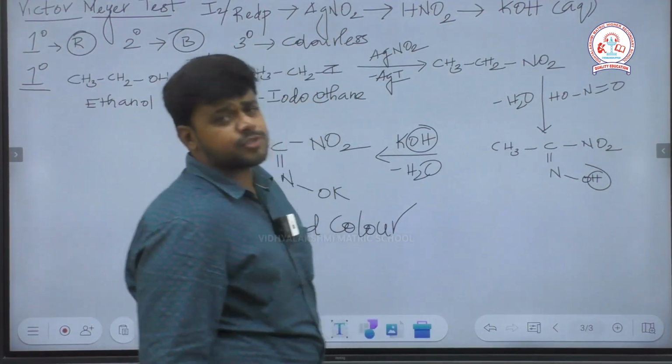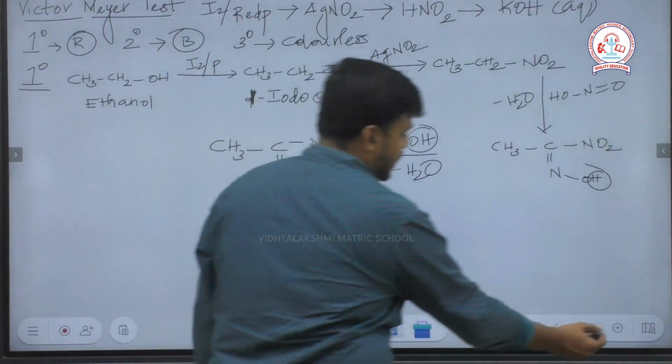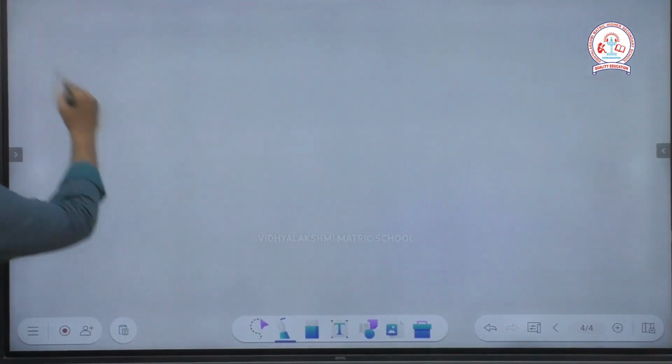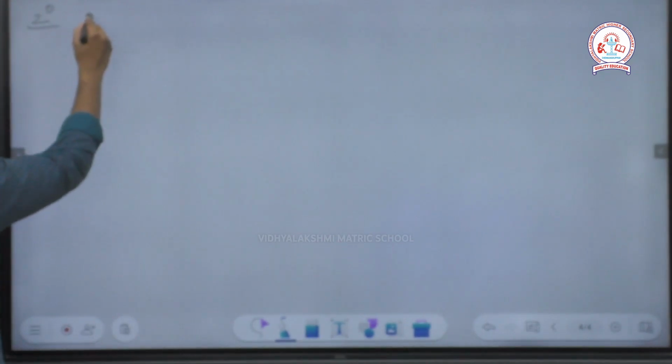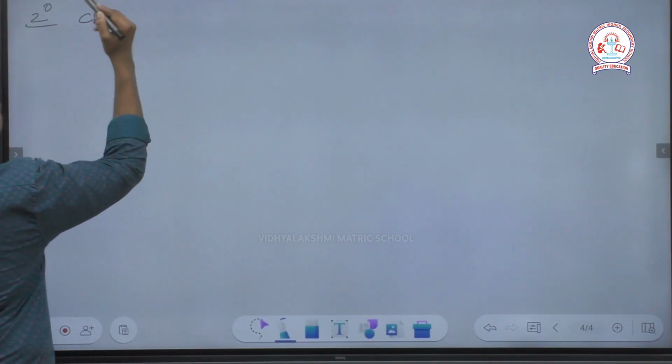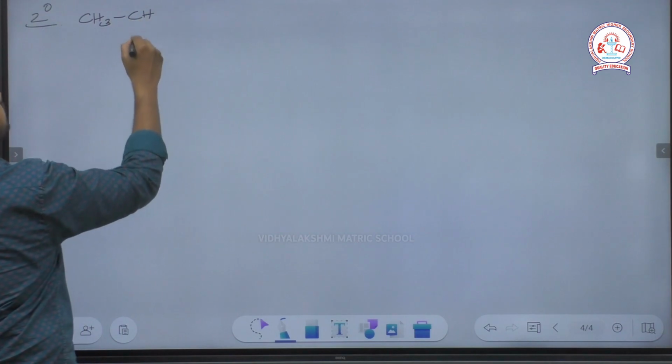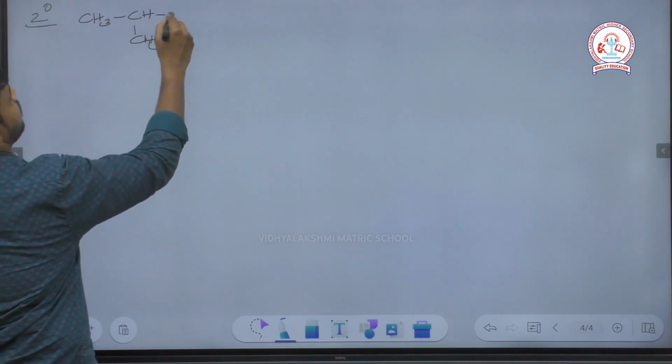Then the same thing happens for the secondary alcohol also. When I take the secondary alcohol, I will replace one of the hydrogens from the ethanol by CH3, giving propan-2-ol.